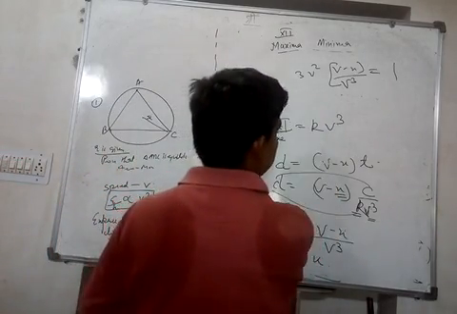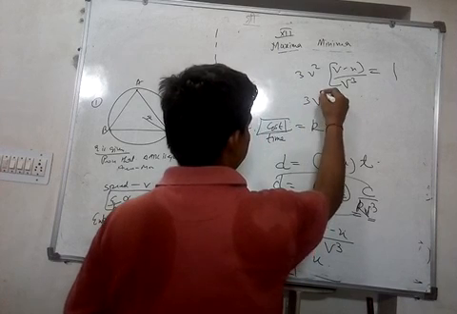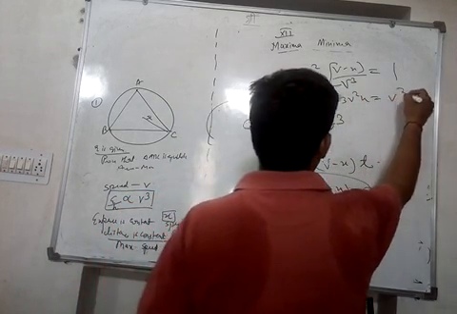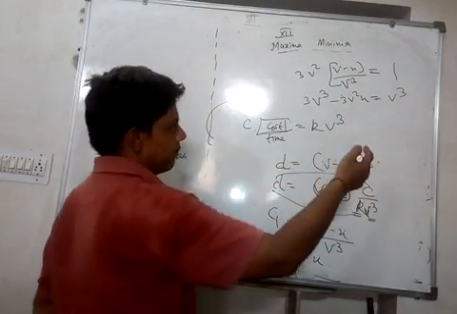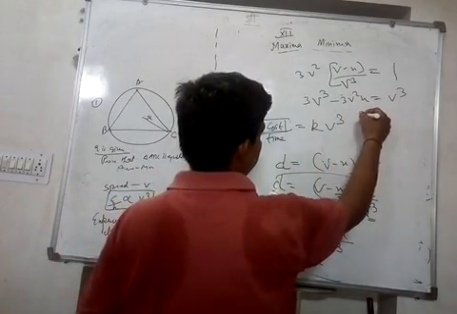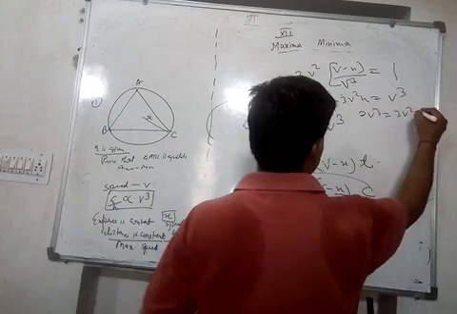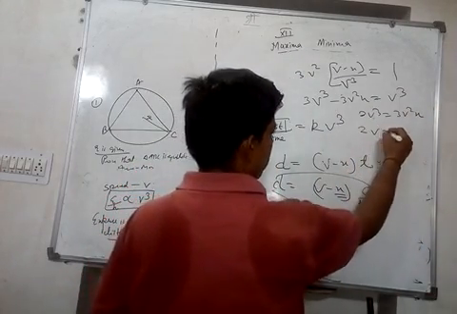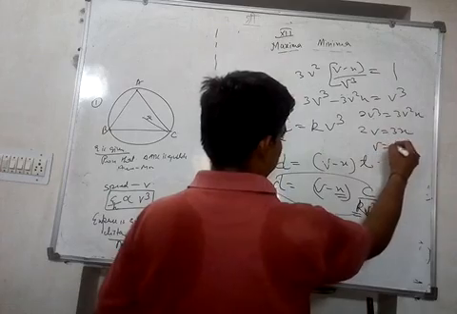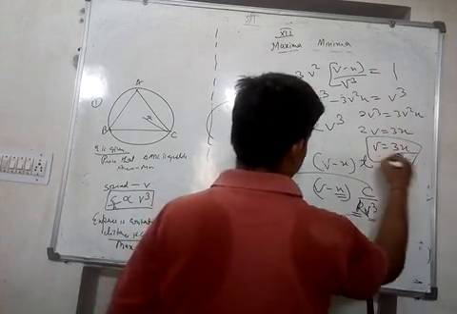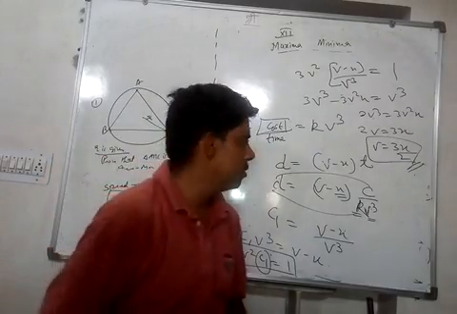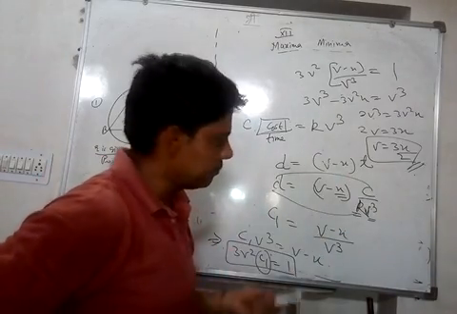So we can multiply this as 3v cube minus 3v square x is equal to v cube, right? Bring it this side, 2v cube is equal to 3v square x, right? v square you can cancel, we get 2v is equal to 3x. So v is equal to 3x by 2. So thus you have got the answer as v is equal to 3x by 2, right?